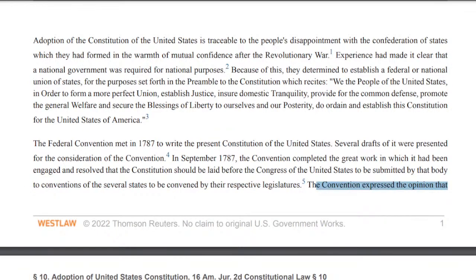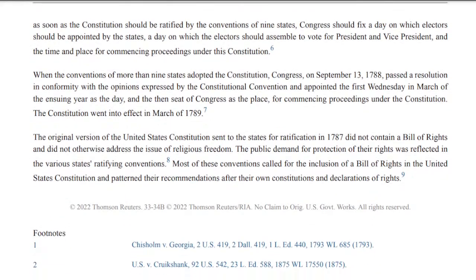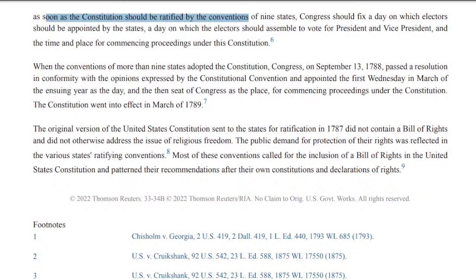The Convention expressed the opinion that as soon as the Constitution should be ratified by the conventions of 9 states, Congress should fix a day on which electors should be appointed by the states, a day on which the electors should assemble to vote for president and vice president, and the time and place for commencing proceedings under this Constitution.